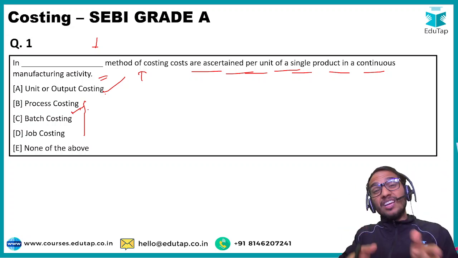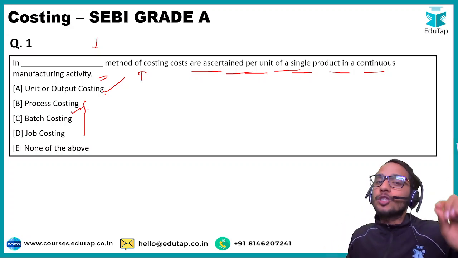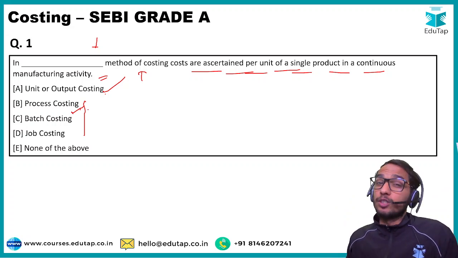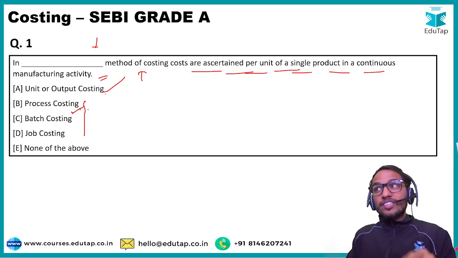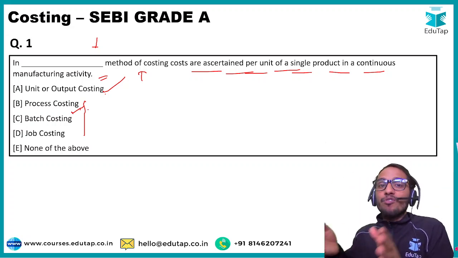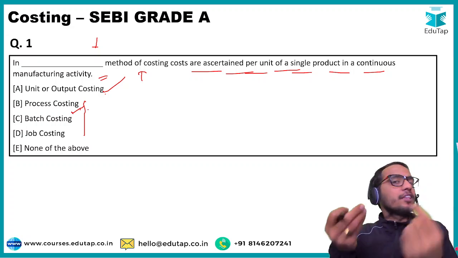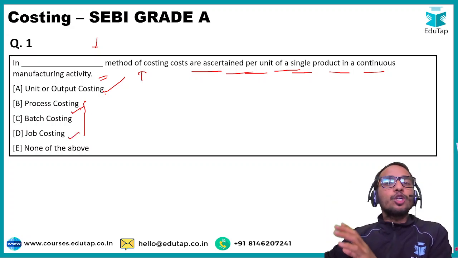It passes through different processes, so in that type of industry we use process costing. So there are different methods of costing depending upon the nature of the industry in which that firm is operating in. We decide which type of method we are going to use to determine the cost of the good, right? Now another method of costing is job costing.